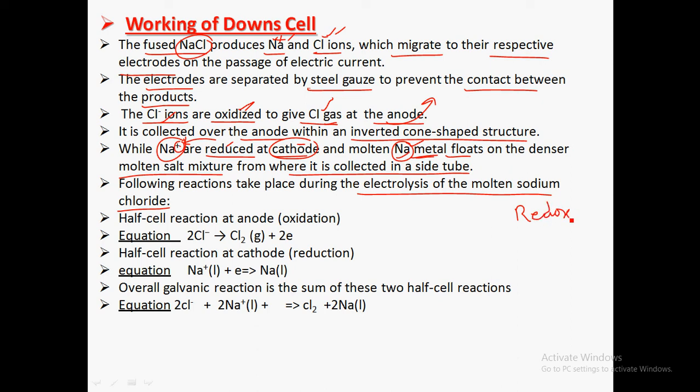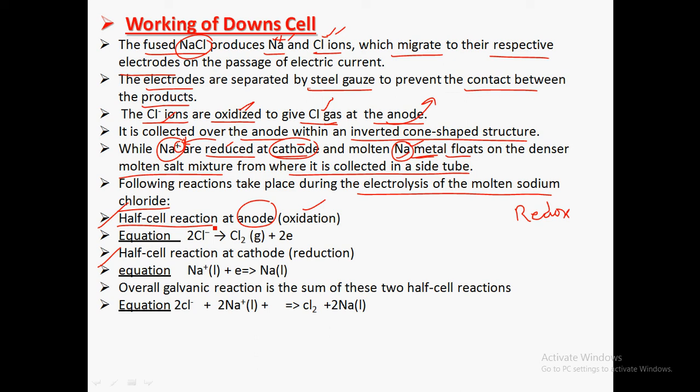We did it in the previous classes. These redox reactions are again categorized into half cell reactions. The reaction which takes place at the anode is oxidation. We call it the half cell reaction at the anode, or oxidation half cell reaction.